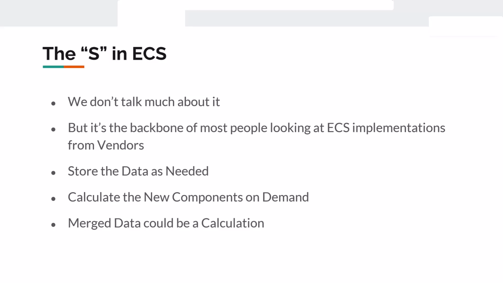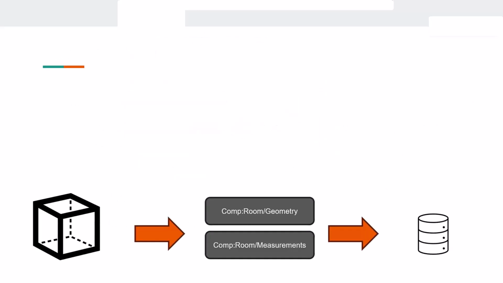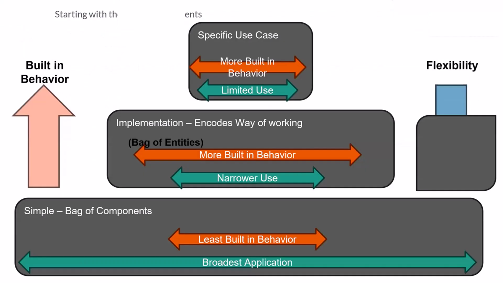Maybe go back a couple of slides to the flexibility. It seems to me that where buildingSMART can step in, everyone will step in for the system, right? A simple bag of components is, in my mind, the IFC5 schema, as it were. It's here are the things you could do. And what you do is the system specifies, here's what you expect for this workflow.